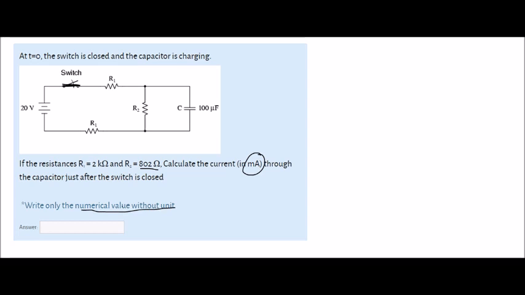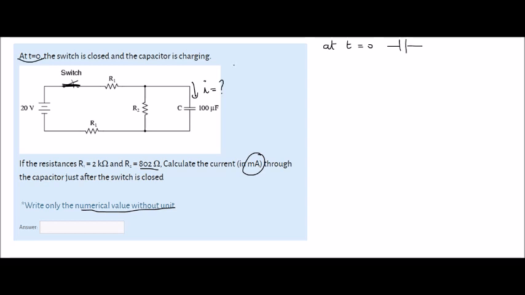Current in milliampere, you should be careful. Okay, fine. So let's calculate that. At t equals 0, I need to calculate the current through the capacitor. So this current. What is this current? All right. So at t equals 0, what did we say? The capacitor behaves as what?